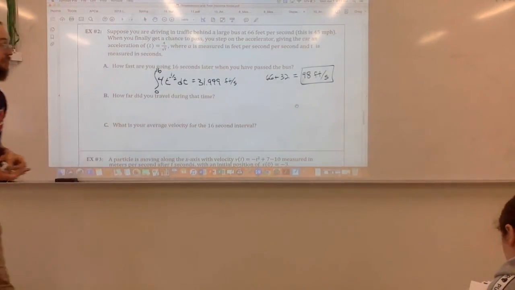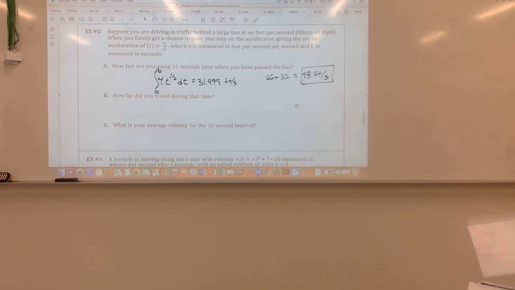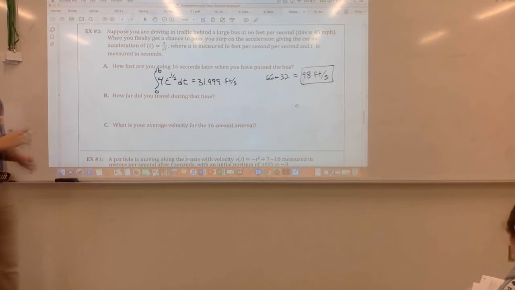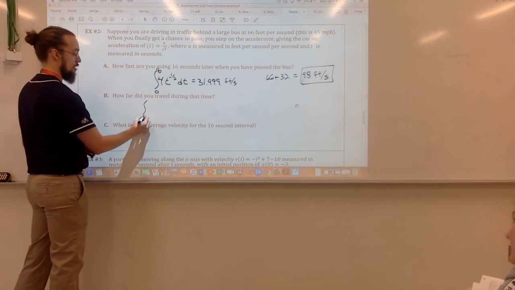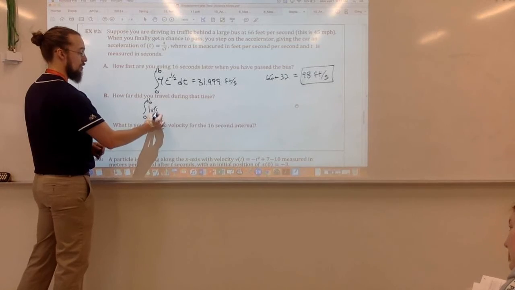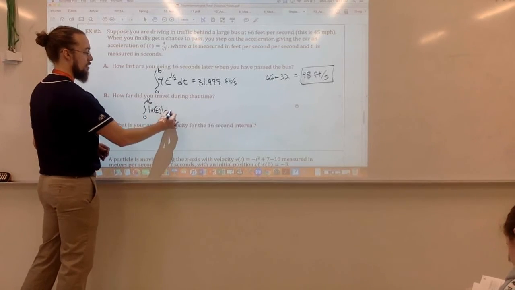Now, how far did we travel during that time? That would be total distance. So we need the absolute value of velocity, right?